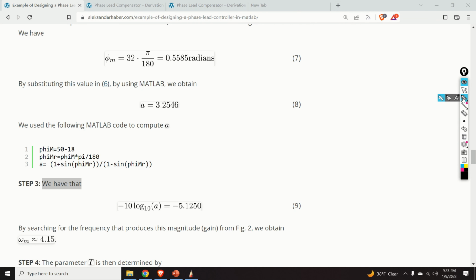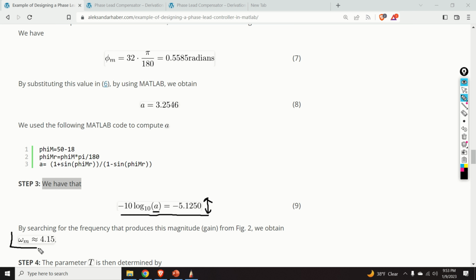Okay, so let us apply this strategy in step number 3. Previously we computed A. We can simply substitute A in this formula and obtain our distance. Then, by looking at the Bode graph, we can conclude that omega m is 4.15. So let's look at the Bode graph just to explain this point again.